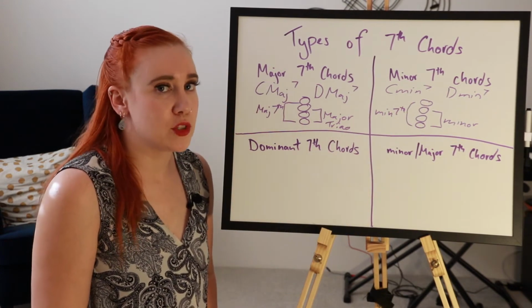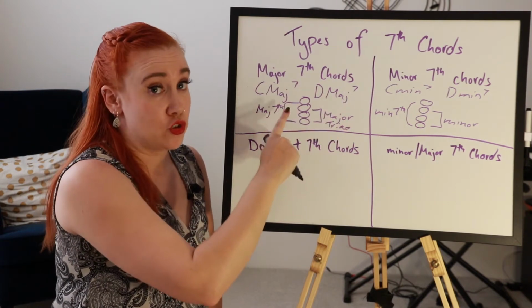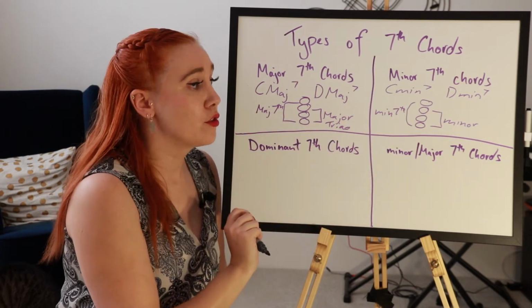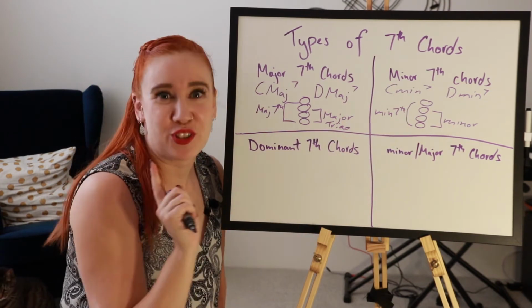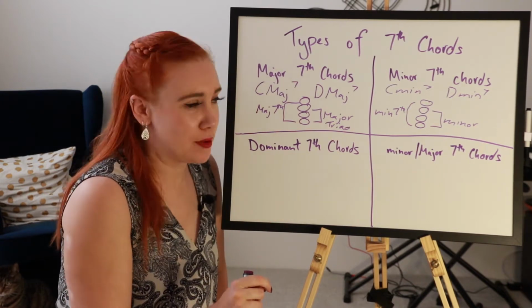Can you spot the pattern between our first two? When we've got a major seventh chord, both the triad and the seventh are major, and in our minor seventh chords, both the triad and the seventh are minor. Gosh, getting my words muddled today.